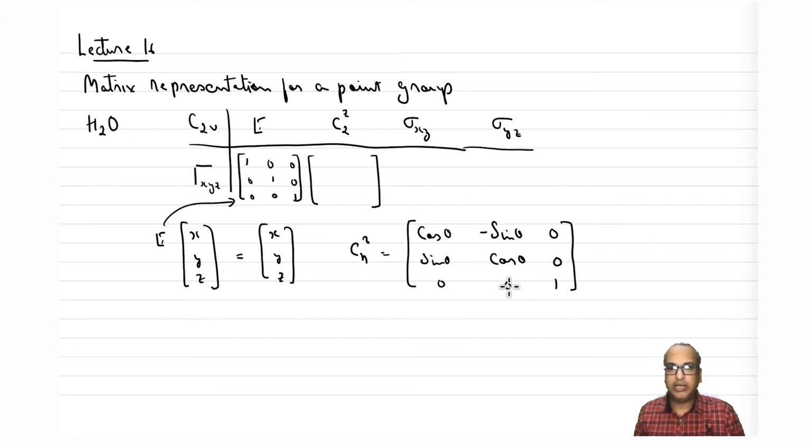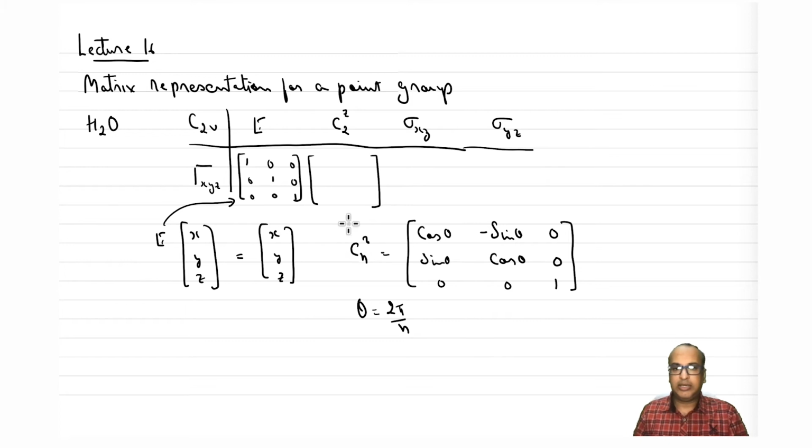This was done in the last lecture, right? So for any rotation by 2 pi by n, theta is equal to 2 pi by n. In this case our theta will be pi, because n will be equal to 2. So 2 pi by 2 will be equal to pi. So we will have these values. This is very easy because our rotation axis is lying along one of the axes, right?